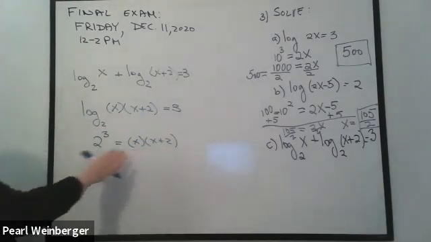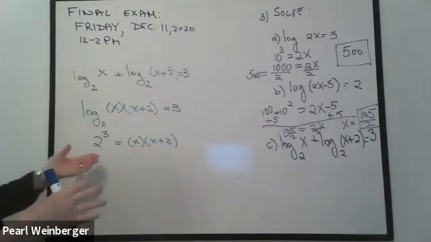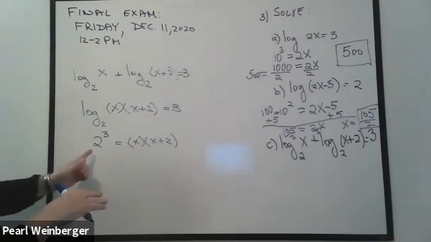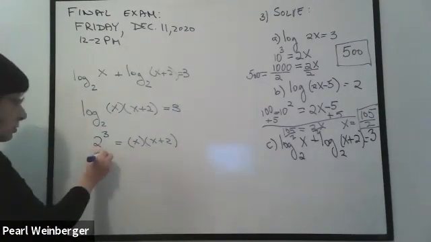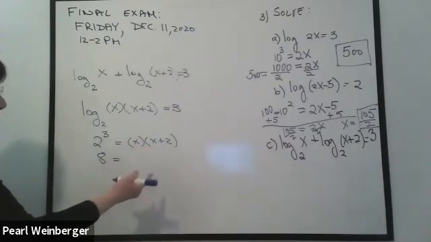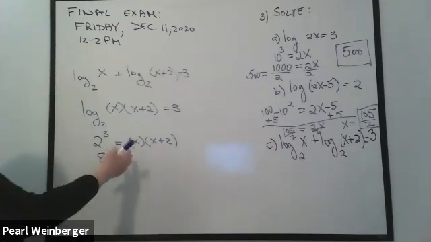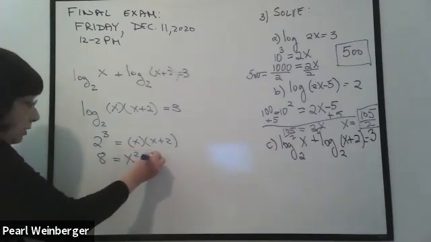And now this is a regular algebraic equation that I have to solve. Well, the first thing I'm going to do is figure out what 2 to the third is, which is 2 times 2 times 2, or 8. And here I'm going to remove the parentheses by using the distributive property. That'll give me x squared plus 2x.